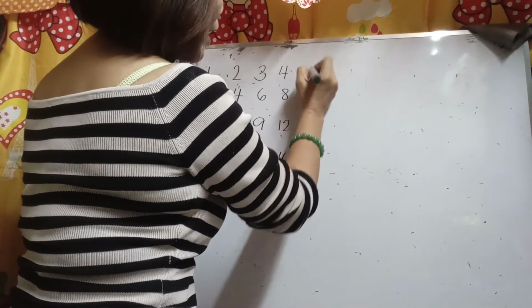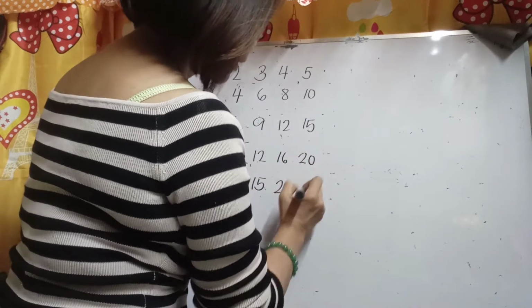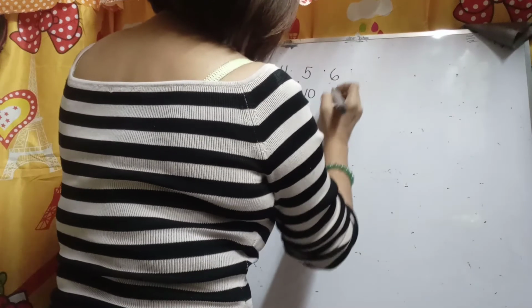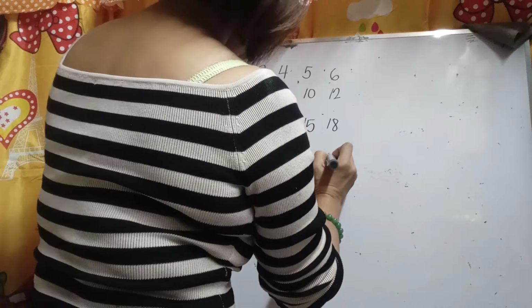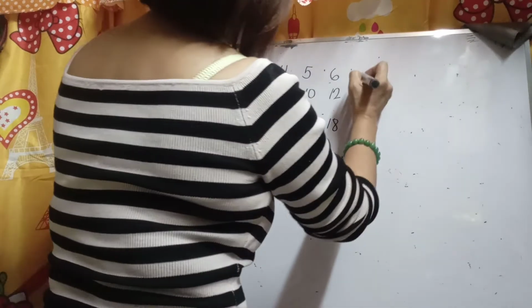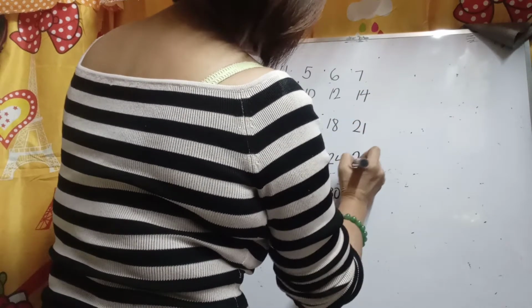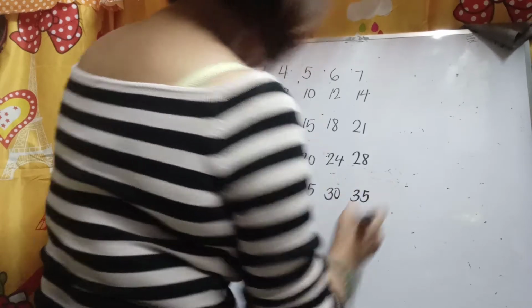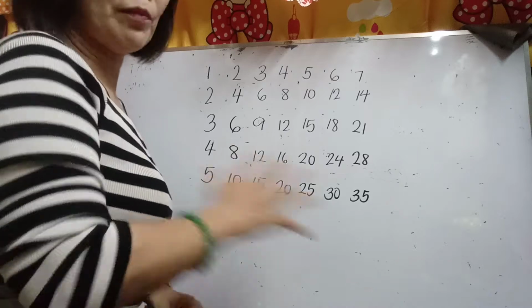And then here we have 5, 10, 15, 20, and then 25. And then here we have 6, 12, 18, 24, and then 30. And then here we have 7, 14, 21, 28, and then 35. So, ito muna, a little of the multiplication table.